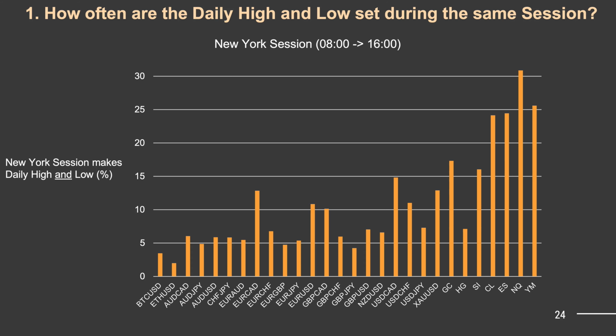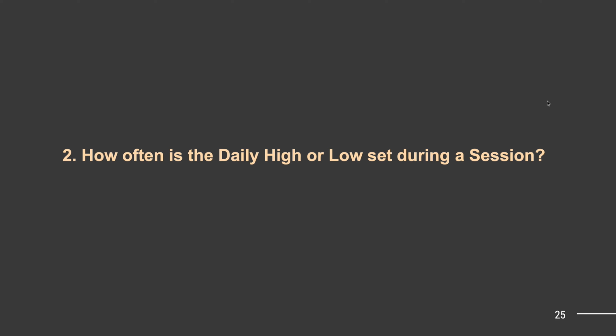Second question, how often is the daily high or low set during a specific session? Which means, how often is either Asia, London or New York forming the high or the low of the day?